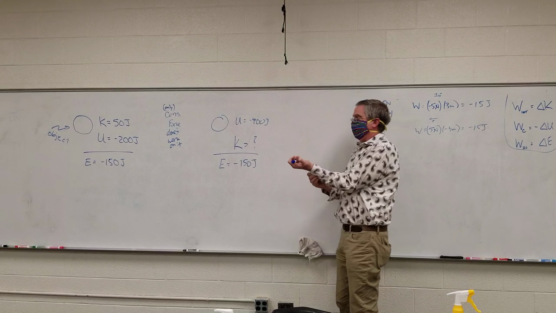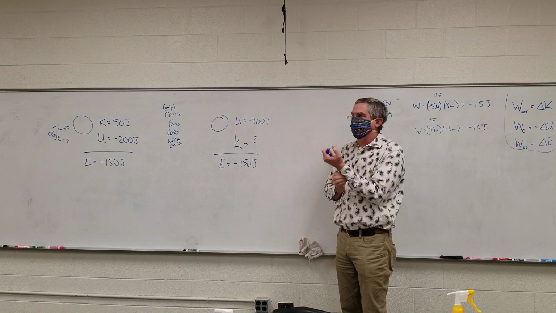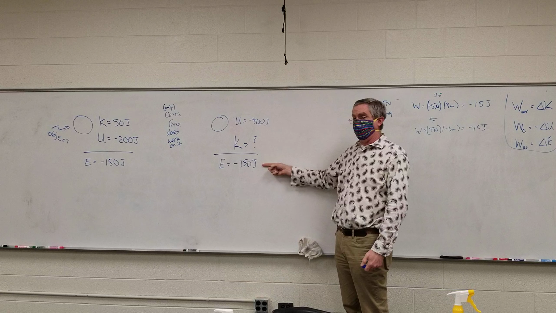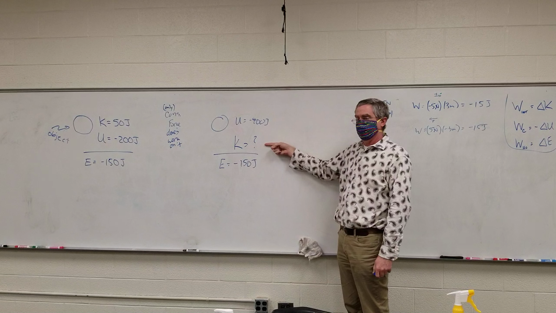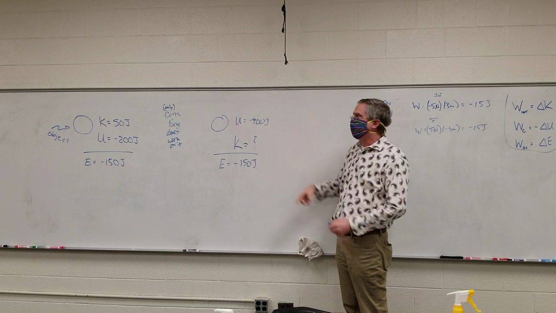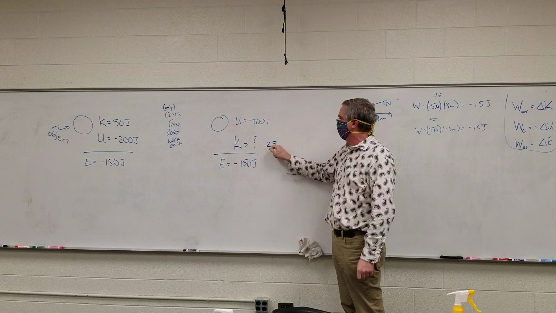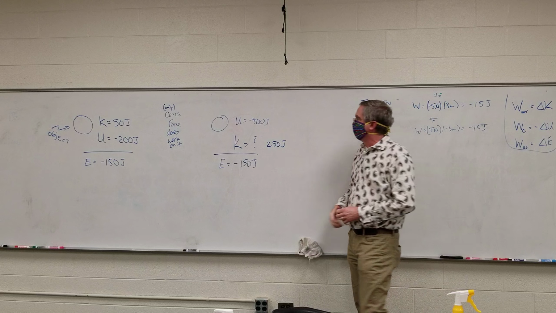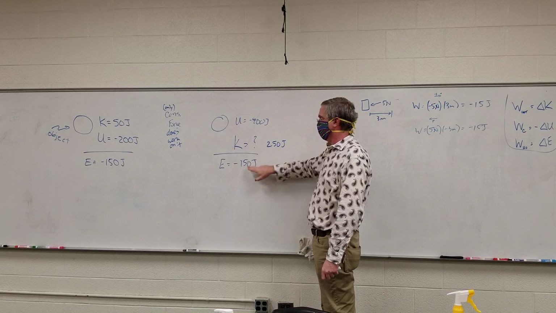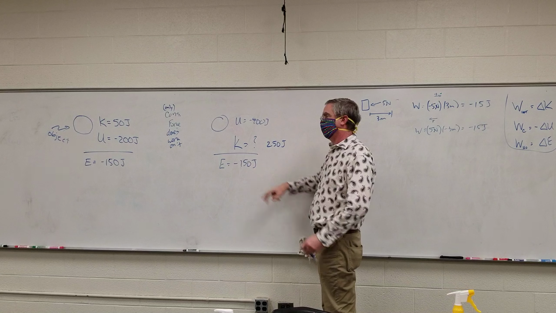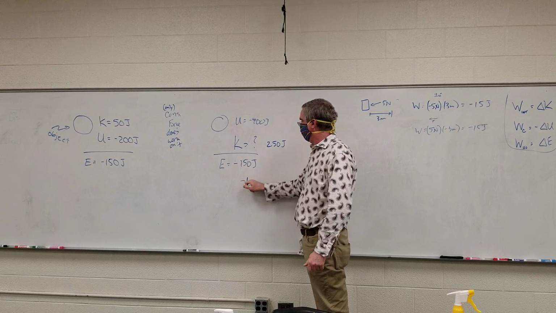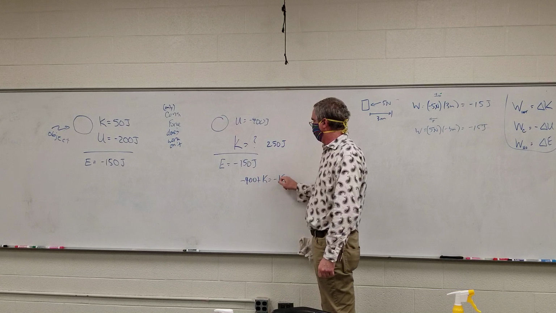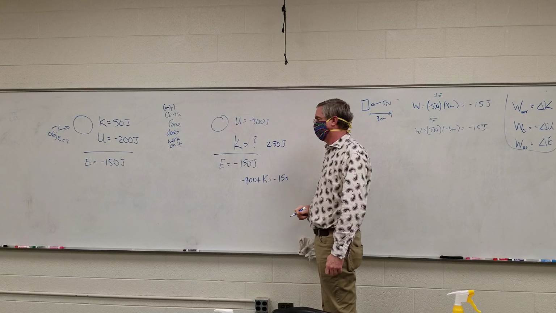So, what is the kinetic energy? I know I have negative 400 joules of potential. I know my total is negative 150. 250 joules. How'd you guys get that? Negative 400 plus what gets you negative 150? That's the math problem.